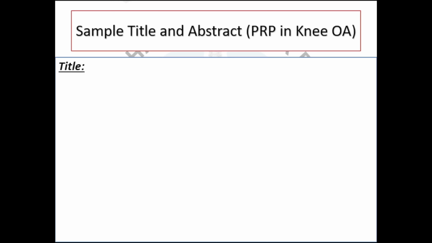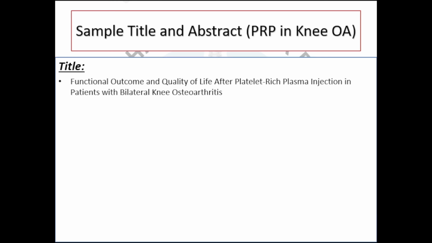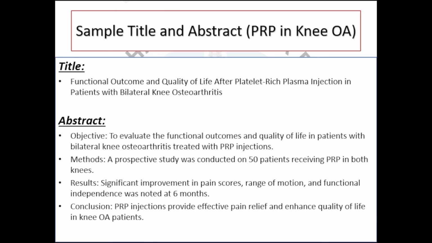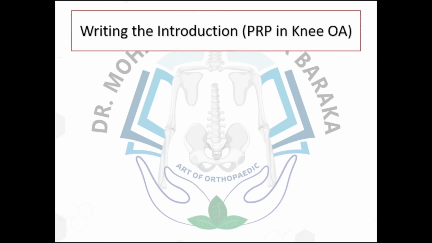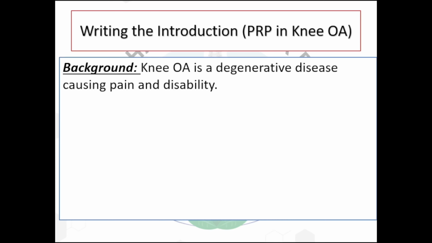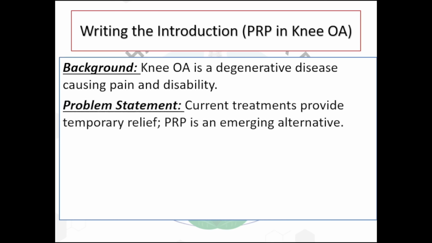We previously discussed PRP in knee osteoarthritis. The title: functional outcome and quality of life after platelet-rich plasma injection in patients with bilateral knee osteoarthritis. The abstract is already written with objective, methods, results, and conclusion. Writing the introduction with PRP, I have to talk about the background of PRP and knee osteoarthritis.